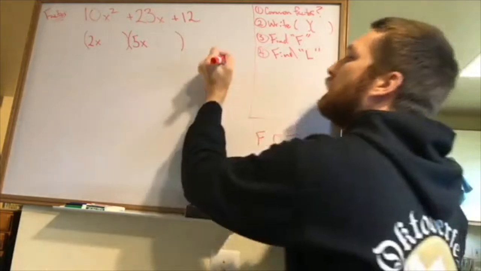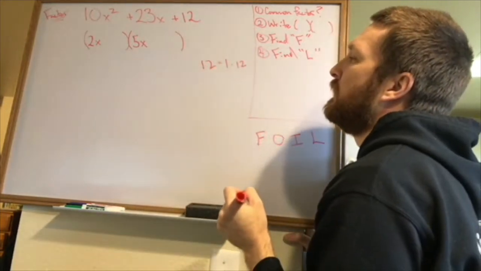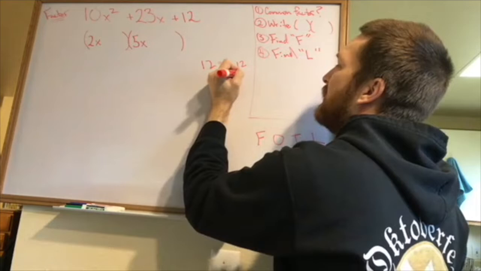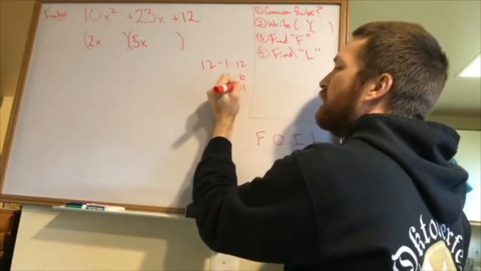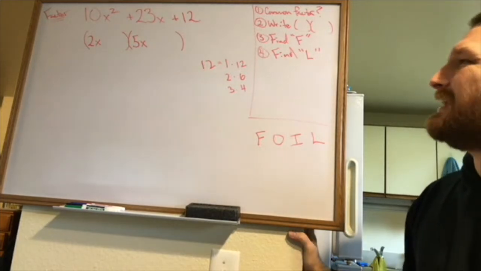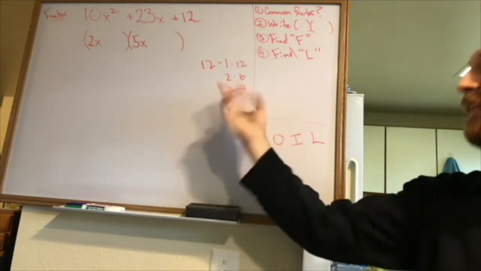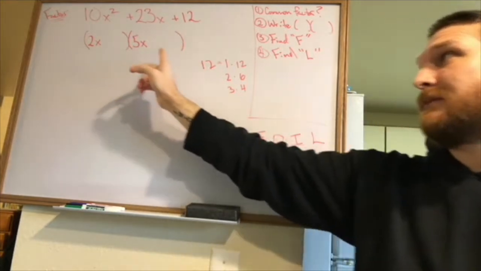1 times 12. 2 times 6. 3 times 4. Then I think that's it, right? I don't think we can do it any other way other than like 4 times 3, which may be what we have to do here.